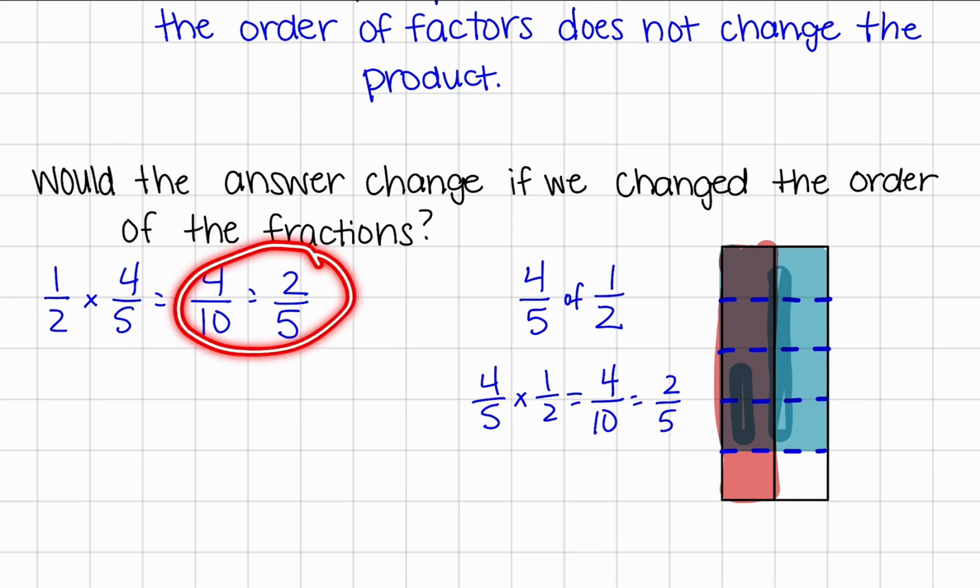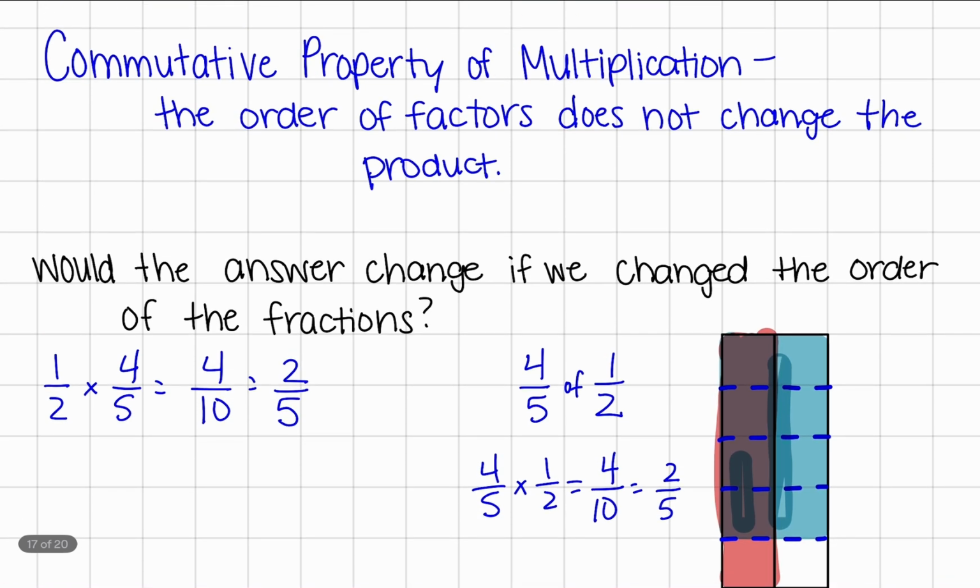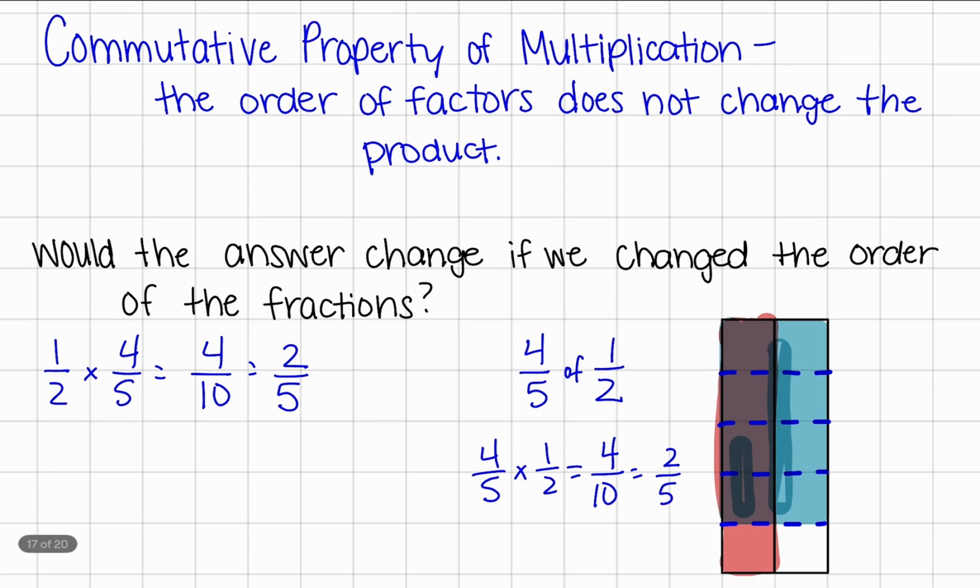Are these the same answers? Yes, they are. Because the commutative property of multiplication tells us that the order of factors does not change the product. So whether they are whole numbers, decimals, fractions, or mixed numbers, the order does not matter.